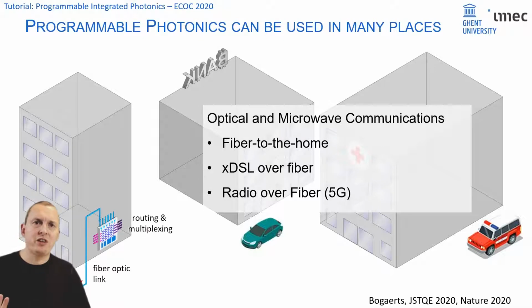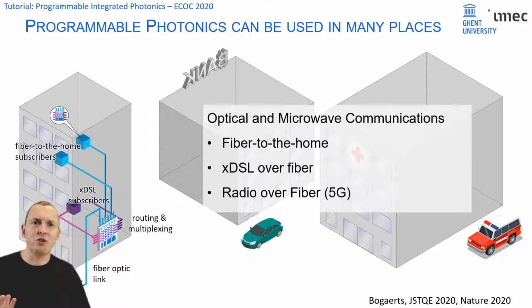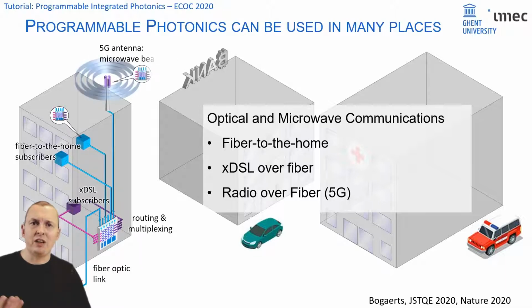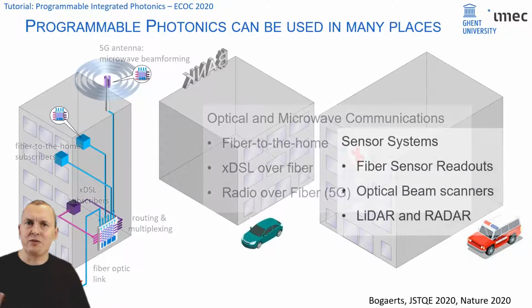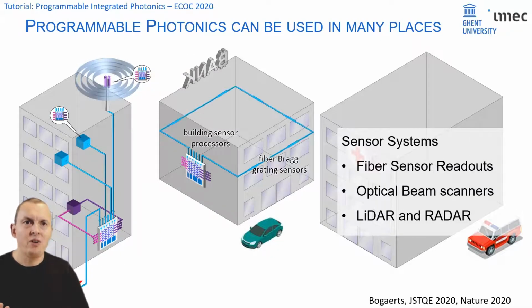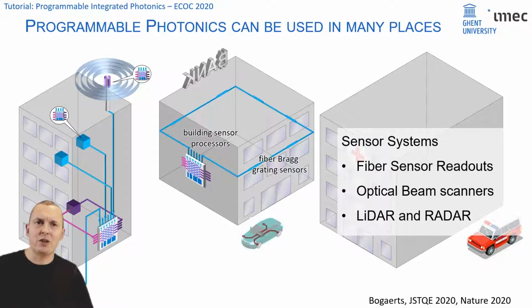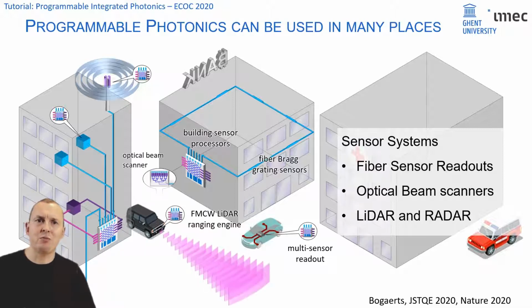So such circuits like the microwave circuit could be very useful in, for instance, fiber to the home transceivers, where you can encode ADSL signals on top of your fiber signal, or you can do radio over fiber for 5G antennas. But this circuit can just as well be used as a sensor readout circuit, for instance in a spectrometer for a fiber Bragg grating sensor, or for an automotive sensor network that's fiber based or optical based.